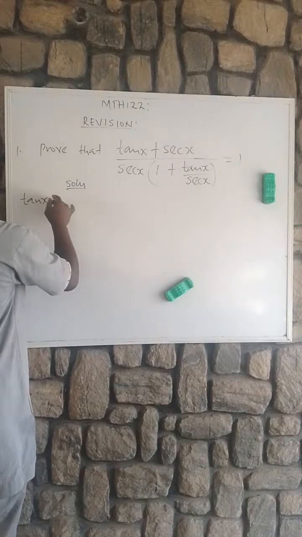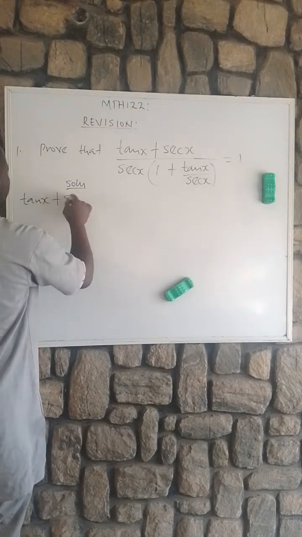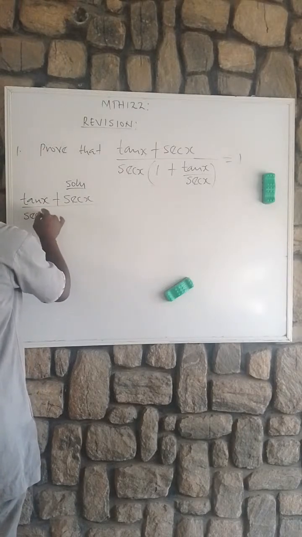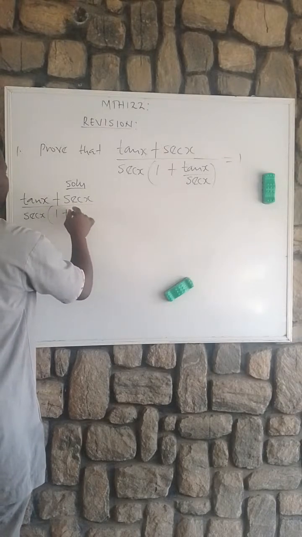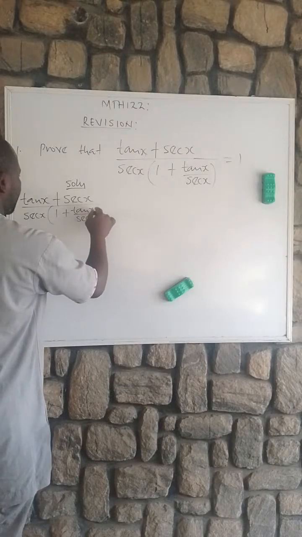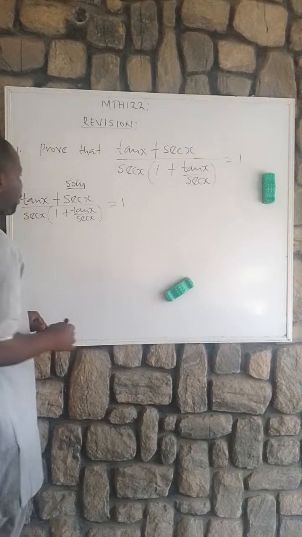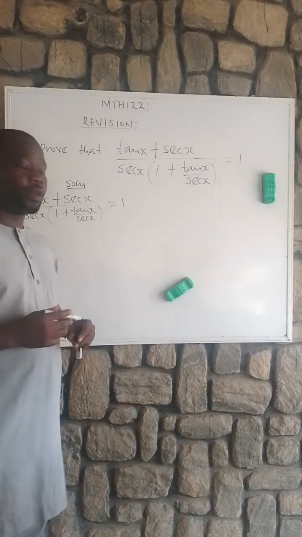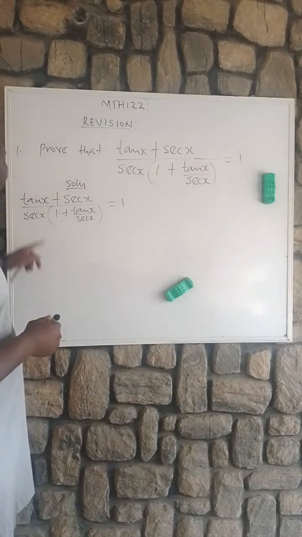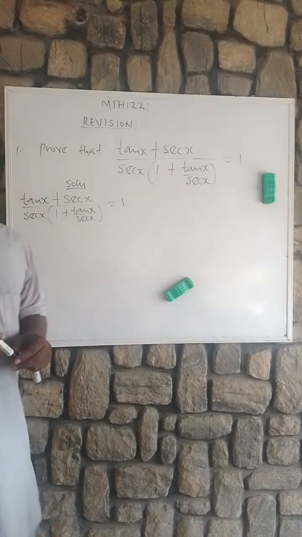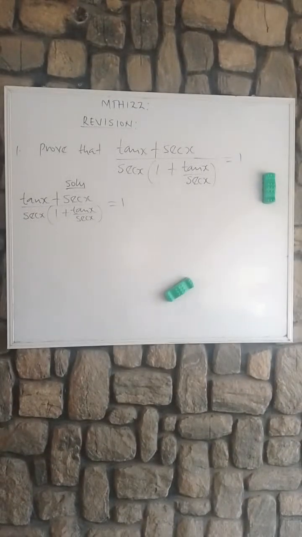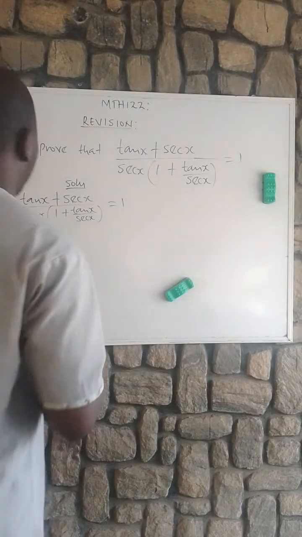Tan x plus sec x all over sec x open bracket 1 plus tan x all over sec x equals to 1. First thing you should know and consider is, you go back to your SOHCAHTOA.